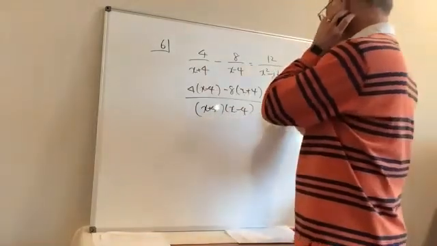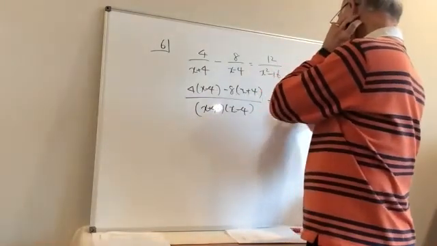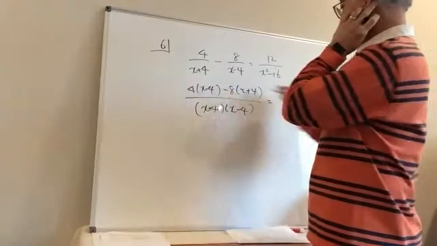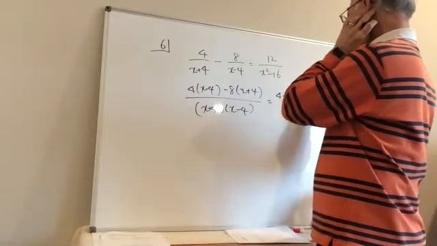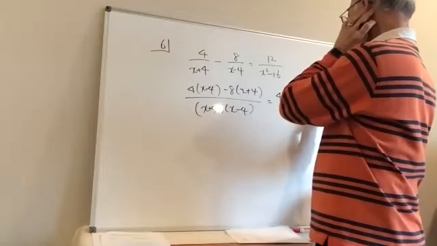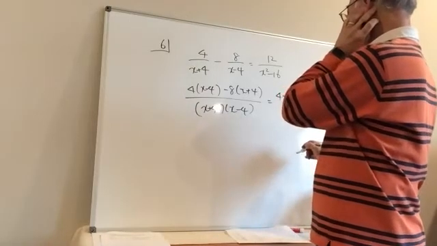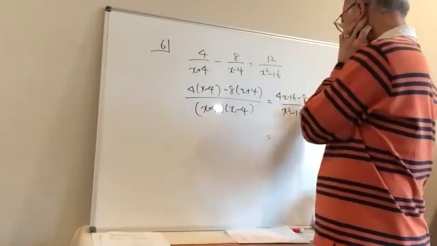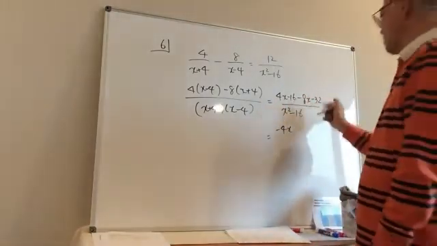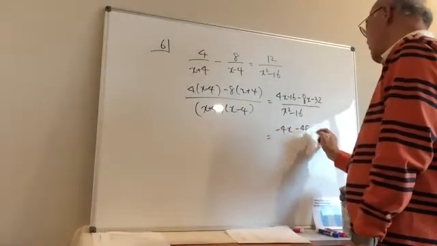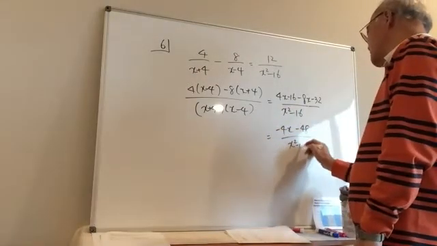On the bottom, I'm going to get x squared minus 16. On top I'm going to get 4x minus 16 minus 8x minus 32. If I combine this, I get negative 4x minus 48 over x squared minus 16.